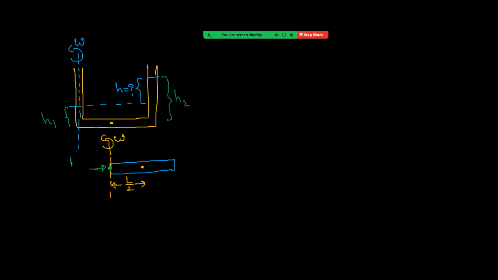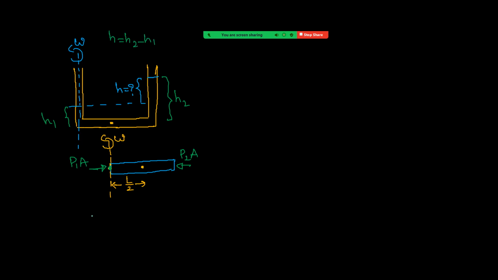This is p1 into A and this is p2 into A. Since the center of this liquid column follows a circular path, there must be centripetal force. That means net force must be towards the center. That means P2A must be greater than P1A. That means H2 must be greater than H1. So in this, H means it is H2 minus H1.